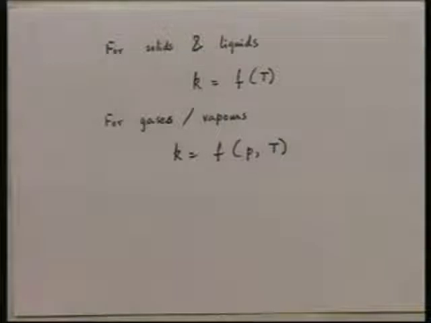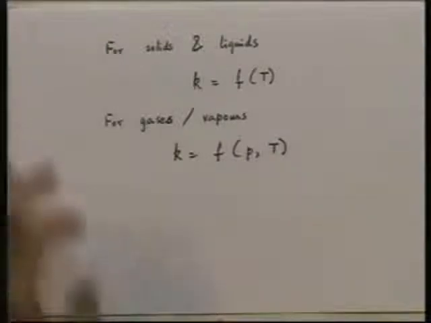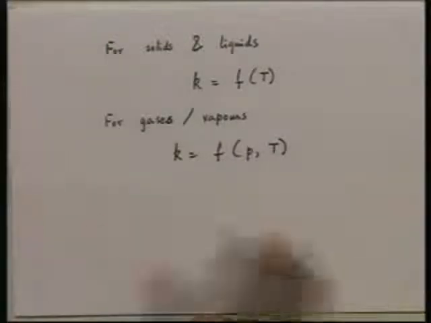In many applications, however, the variation of k over the range of temperature associated with that application is quite small. So, very often what we do is, though we know k varies with temperature, we use a constant value which corresponds to the average temperature of that particular situation we are dealing with.